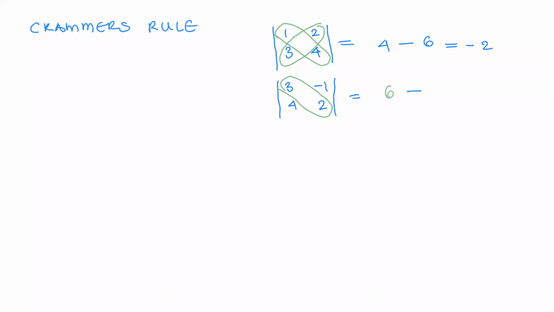This is going to be 6. And then over here, when we do the difference of the cross product, the 6 minus, minus 1 times 4, is minus 4.